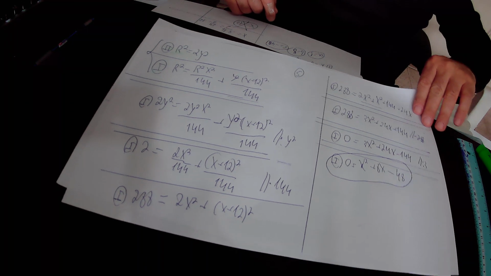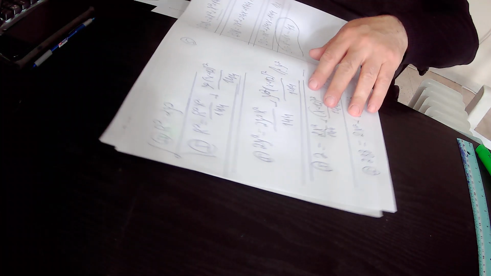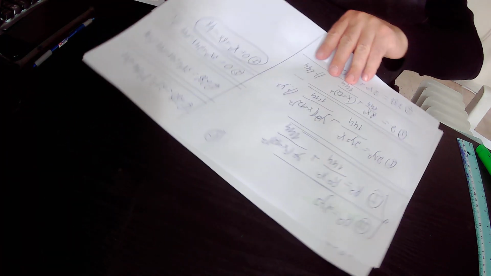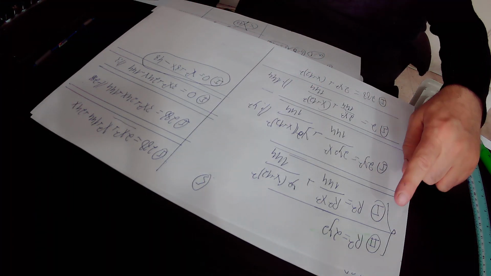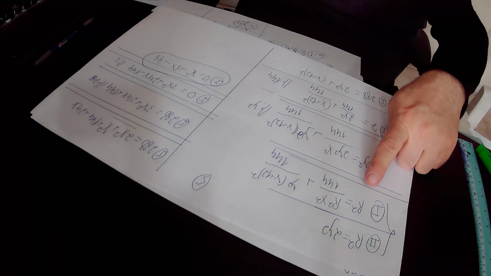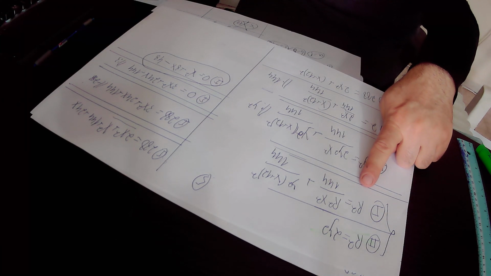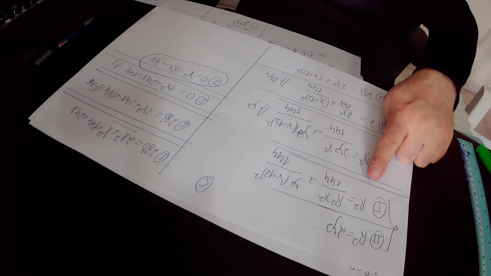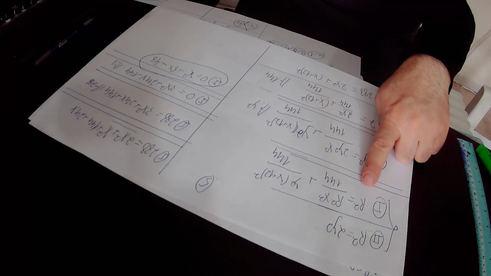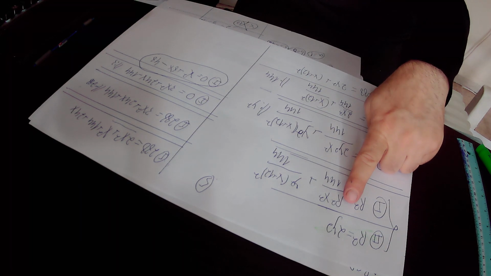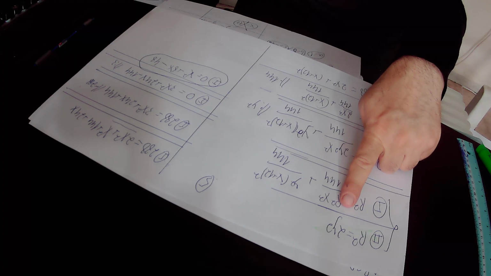Here we have R squared in equation 2 and R squared in equation 1. Therefore, we can substitute R squared in equation 1 by 2y squared from equation 2.